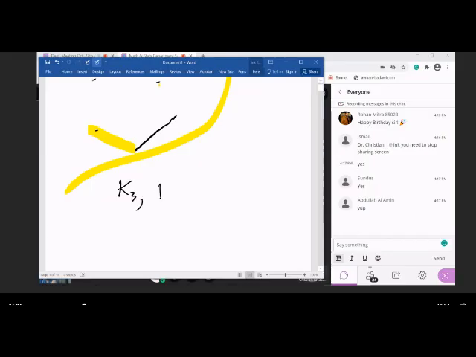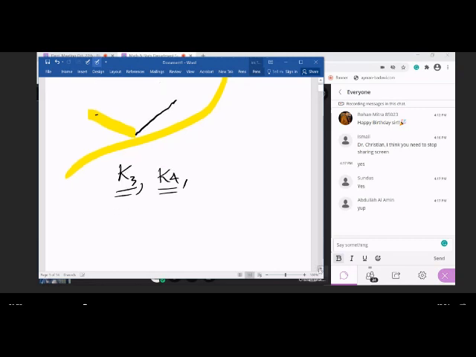K4 and so on. These are in graph theory. So what I will be talking about is the following.